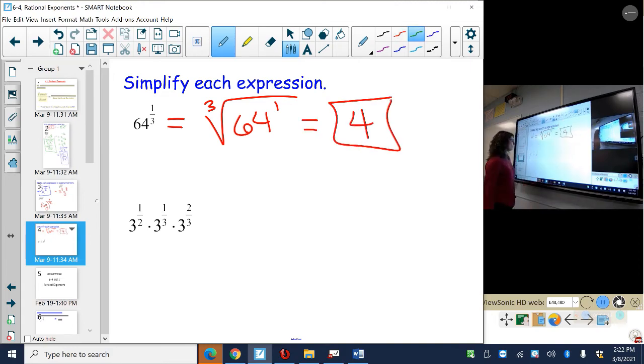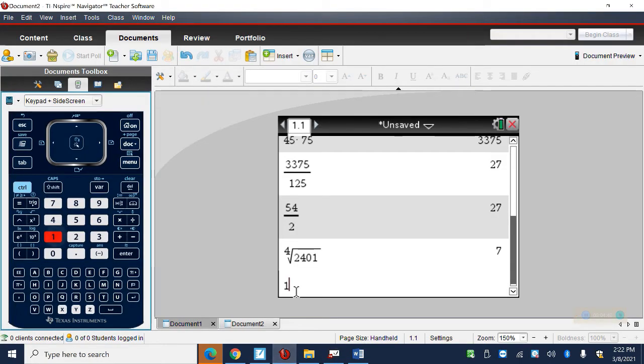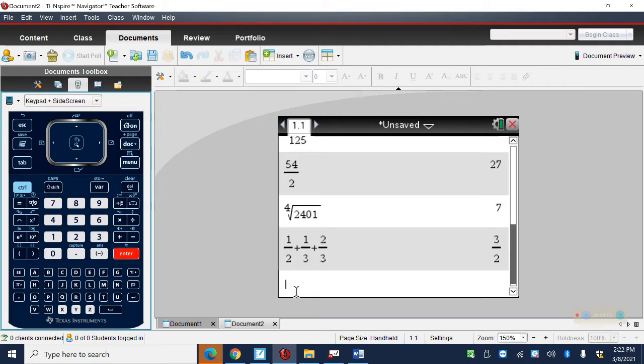Done. This right here, I have a base of 3, a base of 3, and a base of 3. That means I'm going to add those exponents. So if I come over to my calculator and I take 1/2 plus 1/3 plus 2/3, that gives you 3 over 2.